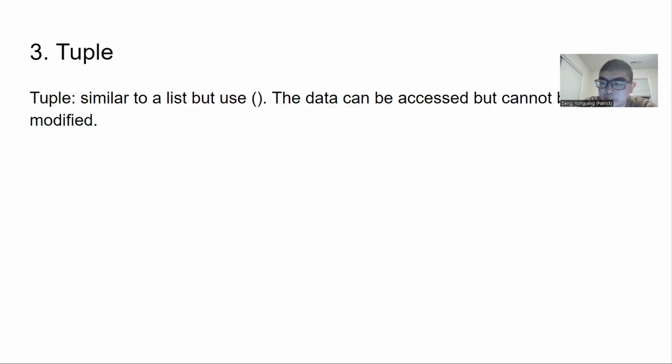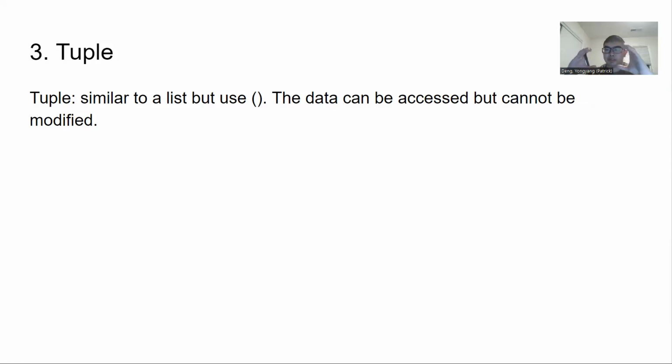And tuple. A tuple is similar to a list, but we use parentheses instead of square brackets. The data can be accessed as usual, but you cannot modify a tuple once it is set up. What does it mean?